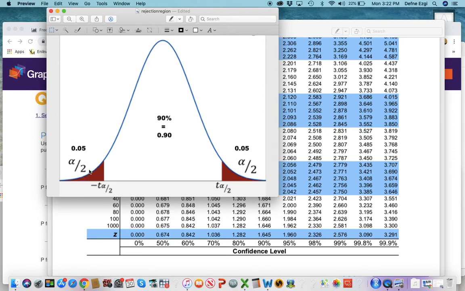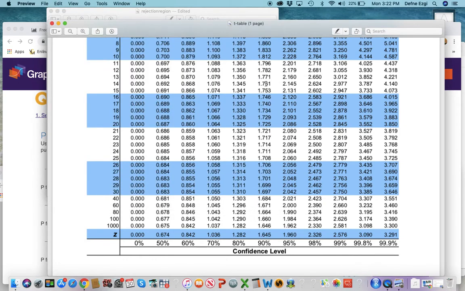So the size of this red area is 0.05, and the size of this red area is 0.05. Together, 0.1, and then the rest of the sampling distribution has an area equal to 0.9, all adding up to 1 or 100%.